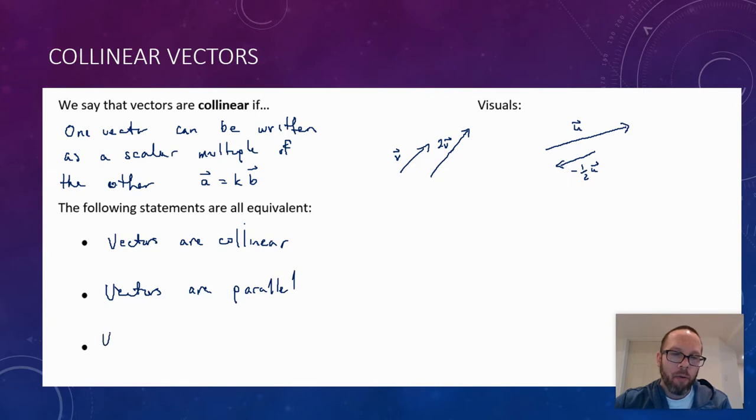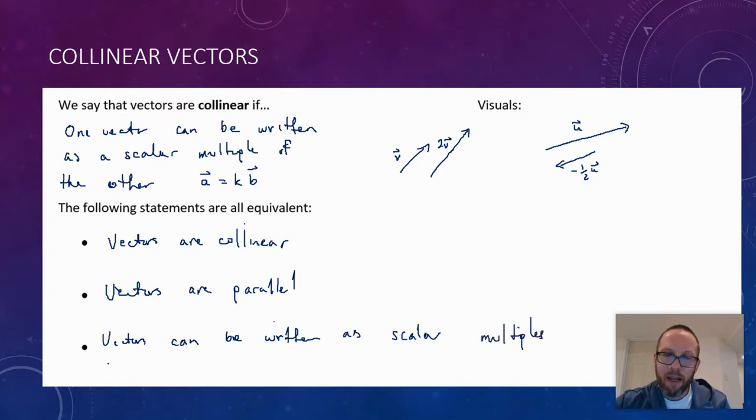And the third point here is if you're told two vectors can be written as scalar multiples of each other, then you know that they're parallel or collinear. All three of those mean the same thing. And which statement we use will depend on the context.